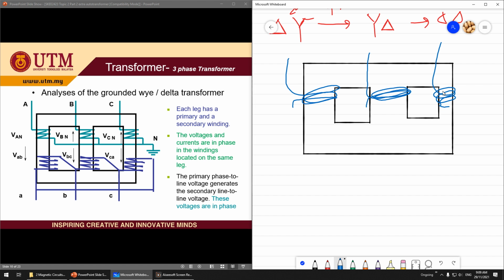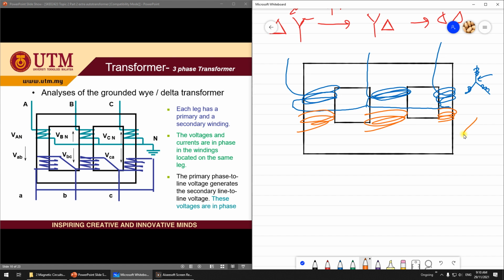For Y connection, you just connect this together. You have a winding here, winding here, winding here, so you just connect everything together. Then for the secondary part, you have a winding here, winding here, and winding here.